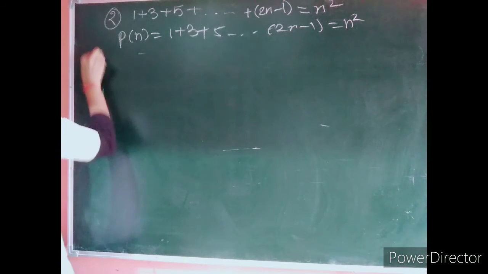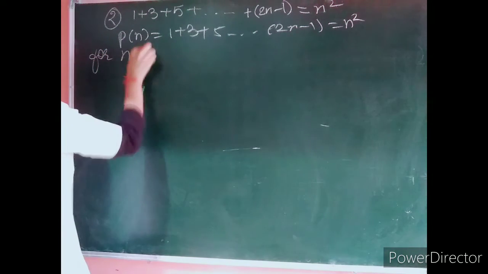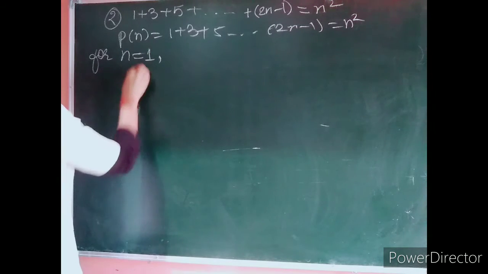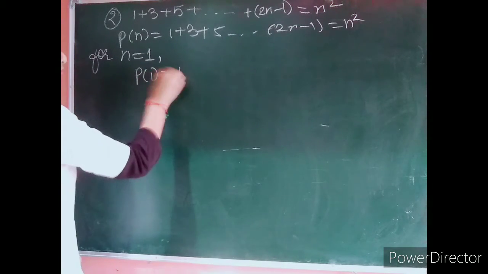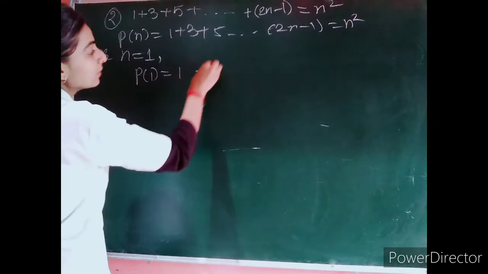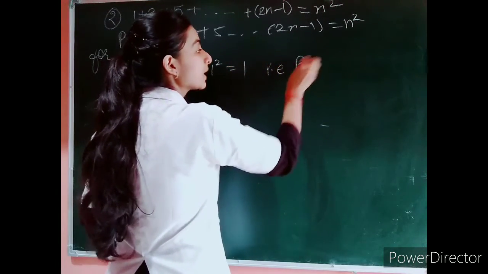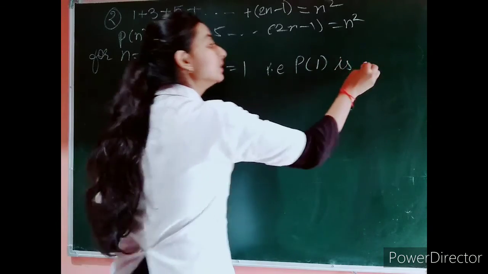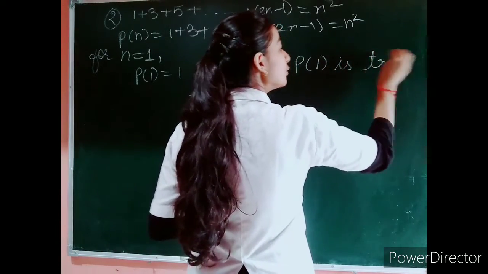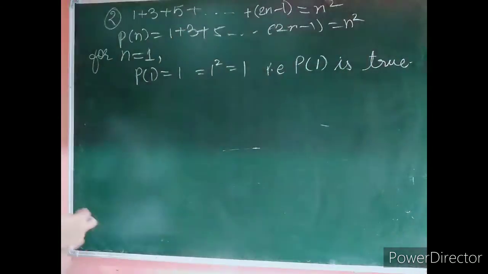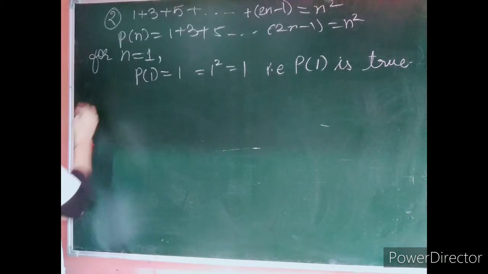Now for n equal to 1, P1 is equal to 1, and here 1 square is equal to 1, that is P1 is true. We can say P1 is true.